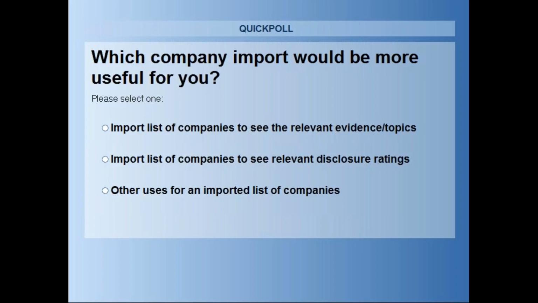Okay. And again, if you have other uses, feel free to type those into the chat box so that we can take a look after the fact. So I'm going to close this, and we will see how many we have weighing in and what we've got.